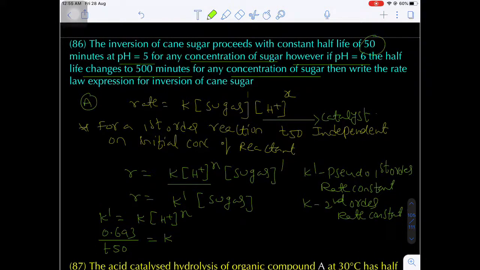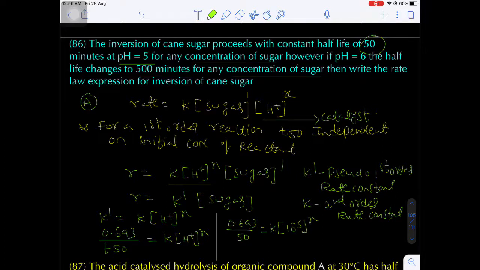So first of all I am taking the half-life as 50 minutes. So 0.693 by 50 minutes will be equal to K into, what is the H plus ion concentration? pH is equal to 5, so the H plus ion concentration is 10 raised to minus 5, whole to the power x.